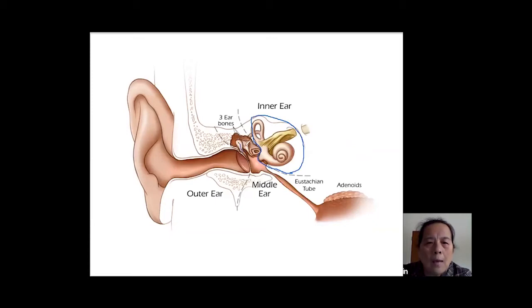That's the first, the second, the third. That's the middle ear. But the inner ear, we separate into two parts. That's the cochlea. That's the semicircular canal here. So that's basically the anatomy of our ear.